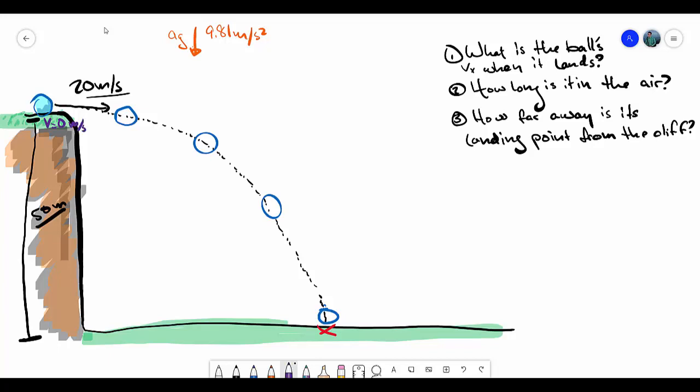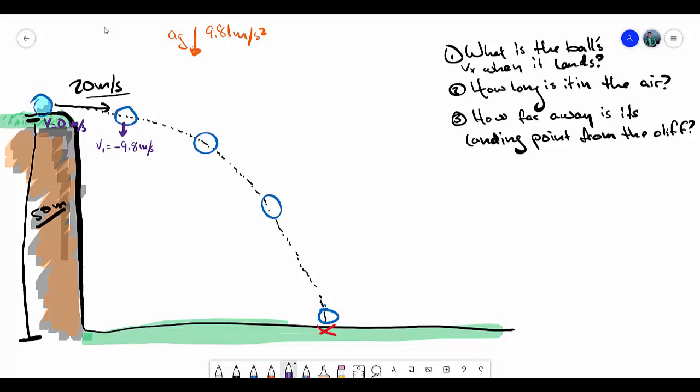But after a second of falling, Vy is actually going to look a little bit more like this. V1, I'm going to say velocity y at 1 second, is equal to negative 9.8 meters per second. It's because it's been falling for a second. And if you work out your velocity equations using acceleration, it'll be about negative 9.8.